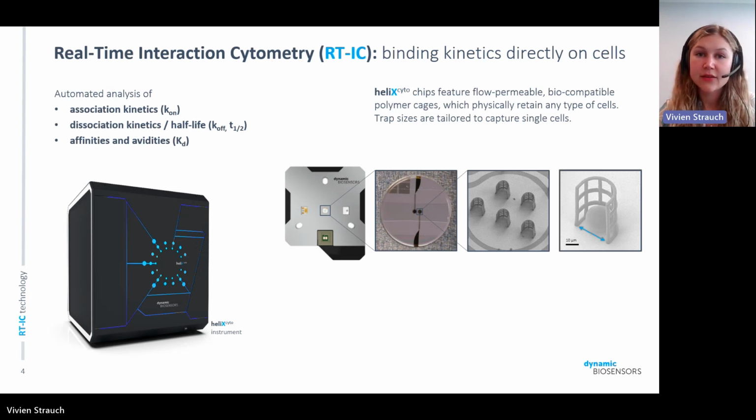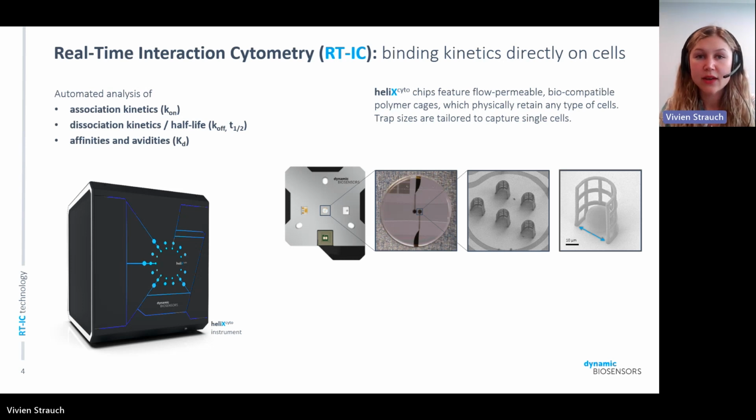And with RTIC, you can measure real-time kinetic rates like the association rates, the dissociation rates, but also affinities and avidities. The Helix Cyto is a chip-based biosensor, and on the right side, you can see the Helix Cyto chips, which have two measurement electrodes, one for referencing of background signal, for example, and one for your cell measurement.